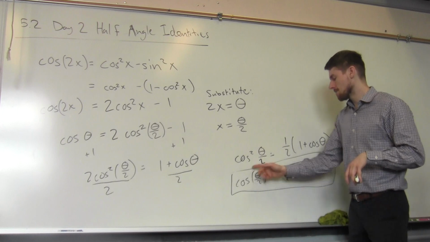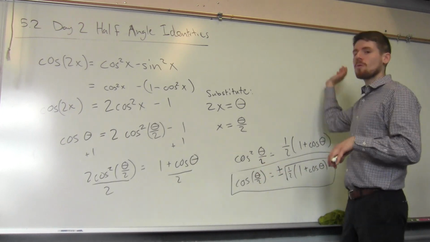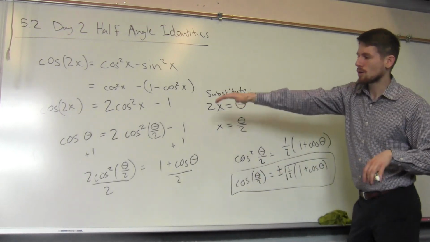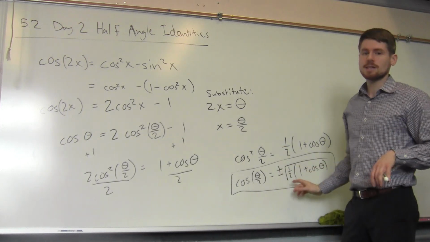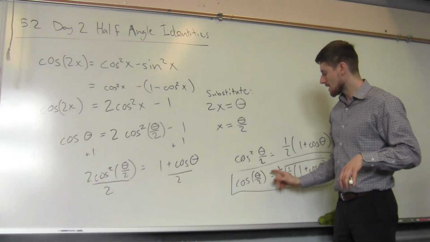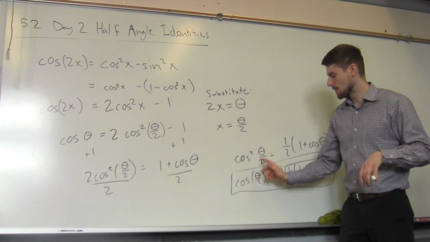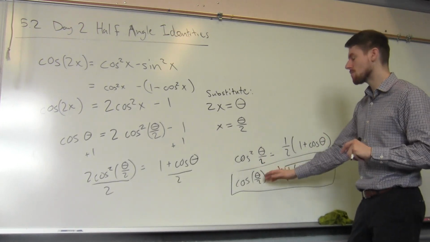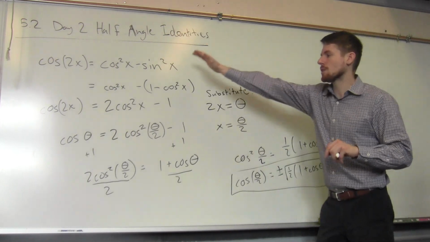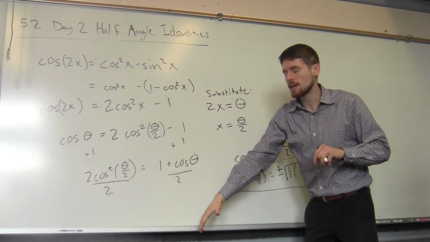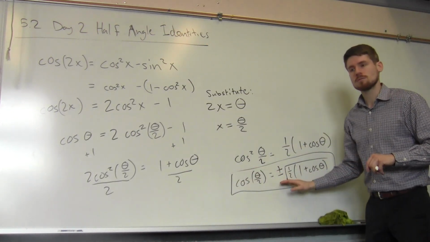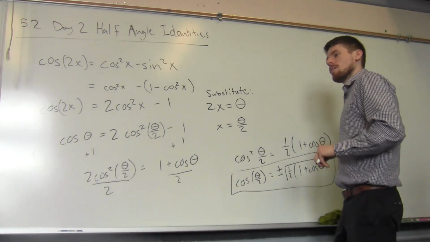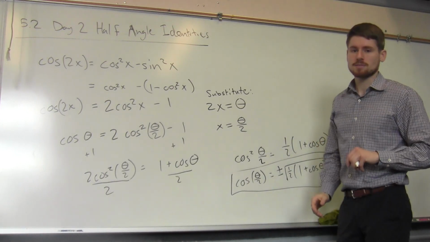For instance, if theta over 2 was somewhere in quadrant 2 or quadrant 3, you know you should get a negative answer. So you have to decide which root to pick depending on what quadrant theta over 2 is in. If theta over 2 ends up being in quadrants 2 or 3, you should take the negative root. If it's in quadrants 1 or 4, you should take the positive root.